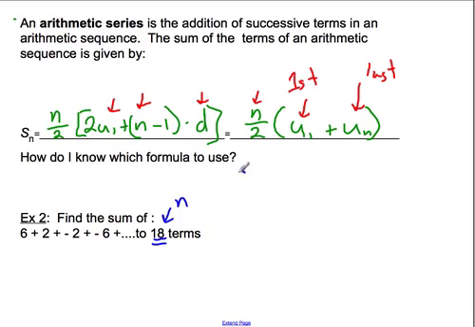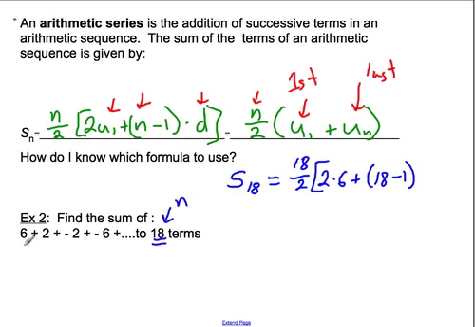S sub 18, we're summing 18 terms, equals n out of 2, which is 18 out of 2, times 2 times u sub 1, which is 6, plus, again, 18 terms minus 1, times the common difference. The common difference here is not positive 4, it's negative 4, because you're subtracting 4 each time.